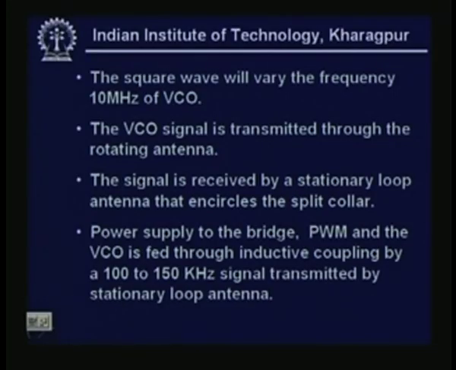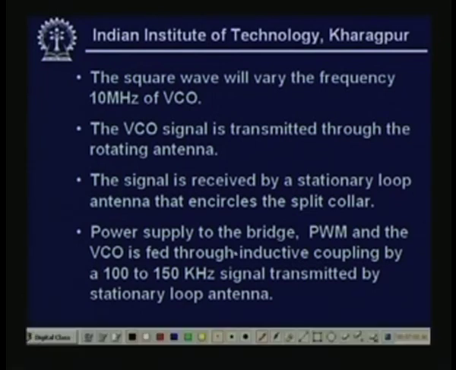At the receiving end, we can have a band pass filter. The power supply to the bridge, the pulse width modulator, and the VCO, because we are assuming that the low pass filter is incorporated within the pulse width modulator, and the VCO is fed through inductive coupling by a 100 to 150 kilohertz signal transmitted by the stationary loop antenna. Okay.